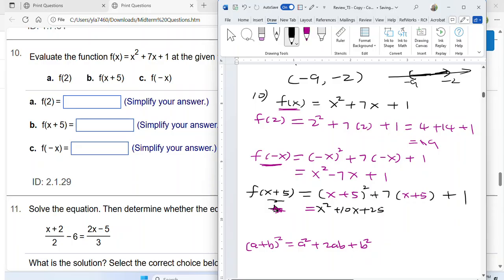Then combine the like terms. We have a 10x and 7x, so that's 17x. And then we have 25 plus 35, that is 60, plus 1, 61. So that is your f of x plus 5. You need to simplify your answer, combine the like terms all together. Any question about this one?